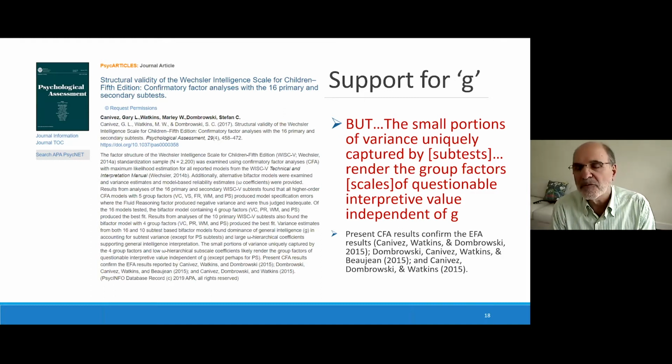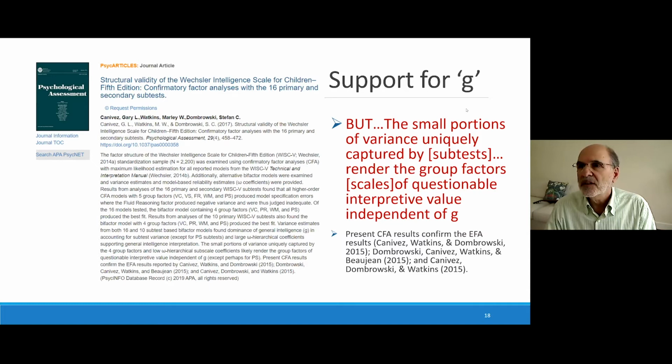There's a lot of research that has been done by people that I've known for 30 years, like Gary Canivez, Marley Watkins, I've known him for 40 years. People that I know, and more importantly, people that I trust. I've had many conversations with these guys, and the research that they're doing is really important. And what they have been finding is that the notion of general ability has good empirical support.